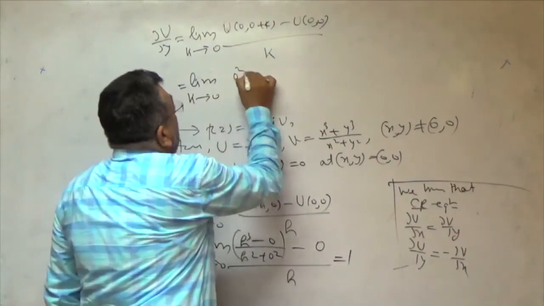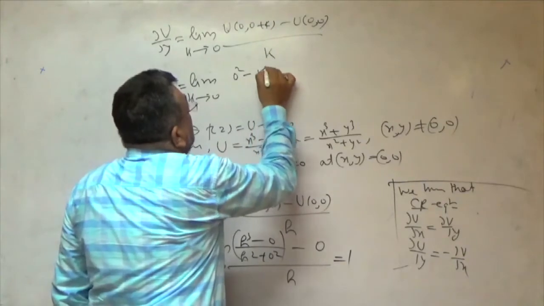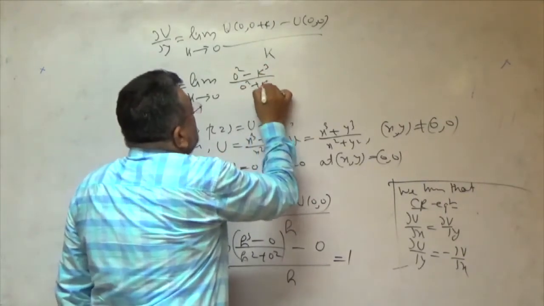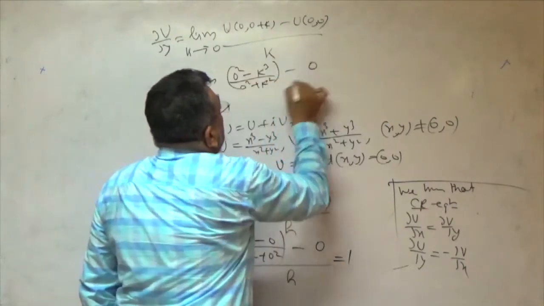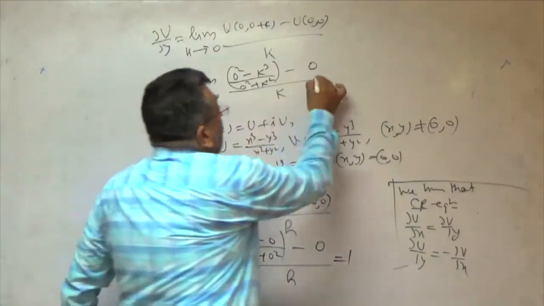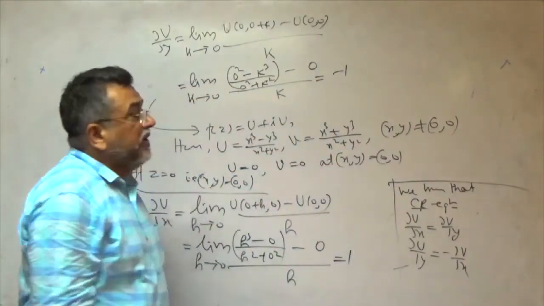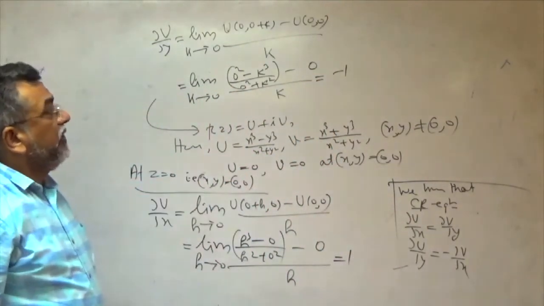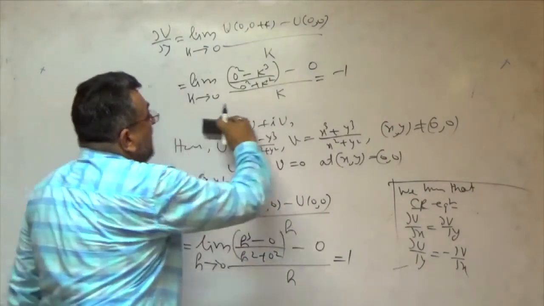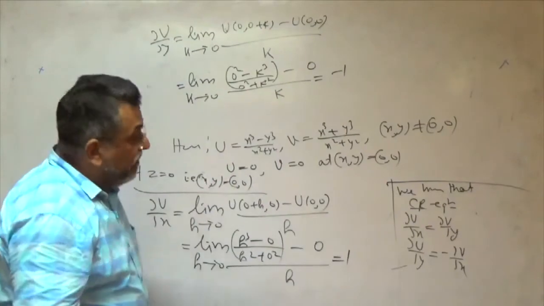That is 0 square minus k cube upon 0 square plus k square, and u(0, 0) is 0, upon k. So here we calculate and k square cancels out, and we get minus 1. Then del u by del y also exists at 0, 0 and its value is minus 1.